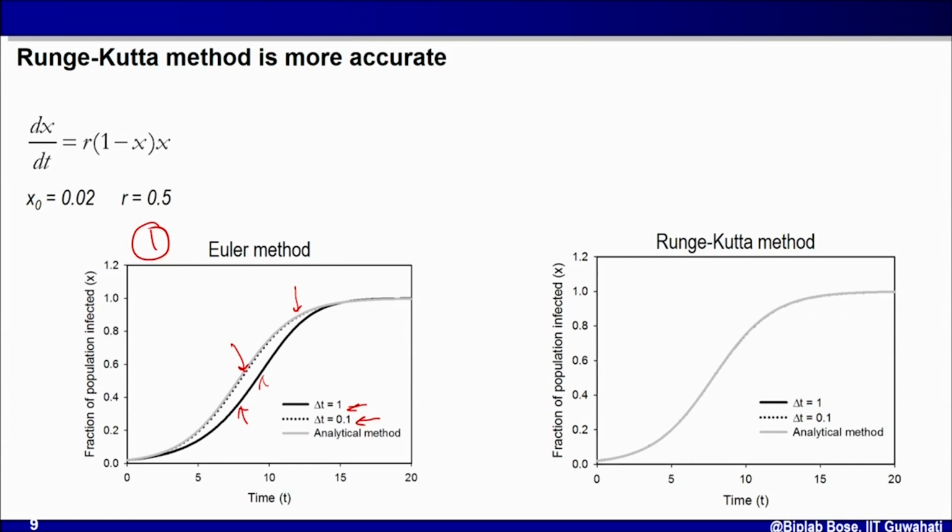Now let us look at what we get when we use the Runge-Kutta method that we have discussed till now. Again, this plot 2 is the same system. I have plotted the exact solution by the gray line, and I have done 2 simulations using the Runge-Kutta algorithm with delta t equal to 1 and delta t equal to 0.1.